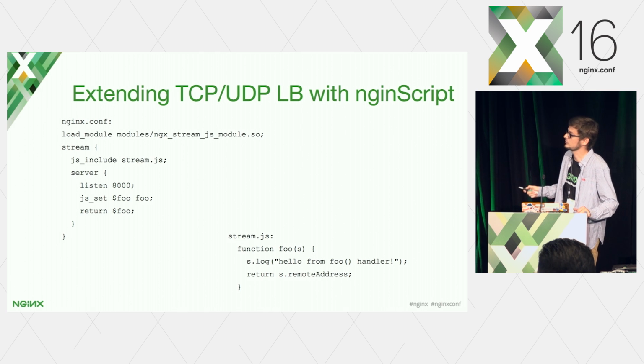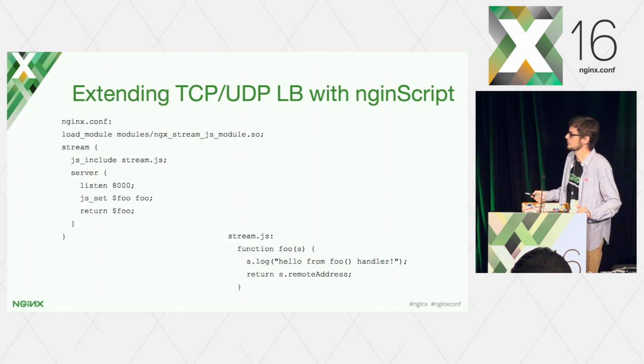Then in the stream block, I'm using the special js_include directive that instructs nginx to include the file called stream.js, which actually contains all the JavaScript code we'll be using. And in the server directive, I'm using the js_set directive to set the value of the foo variable with the return value of the function from JavaScript. And then I'm returning that value in the TCP connection to my client.